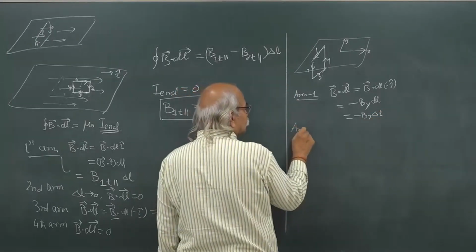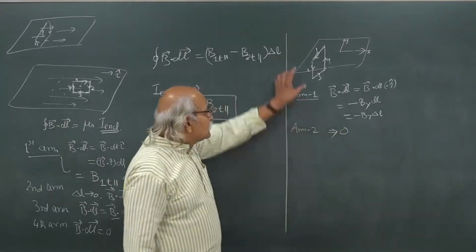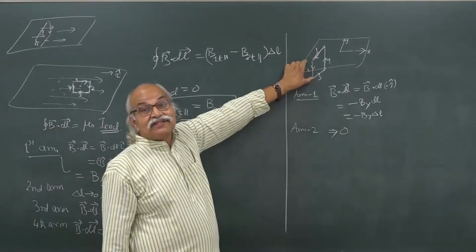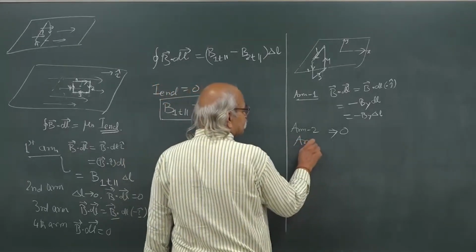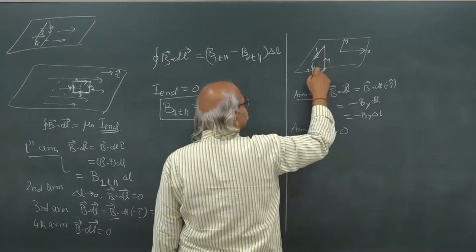Then arm 2, 0. Why 0? Because the length itself is going to 0, just above the surface, just below the surface. So, this is 0. Arm 3 is just the reverse of that, the dl is in this direction now.